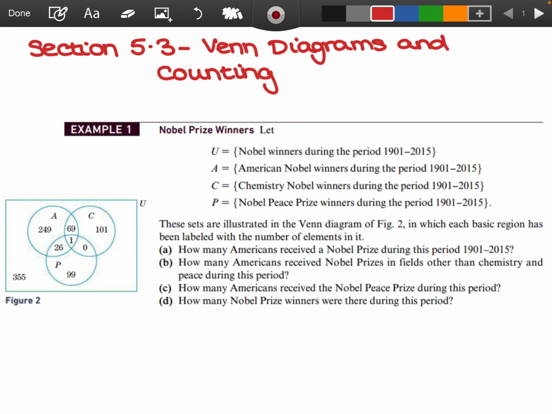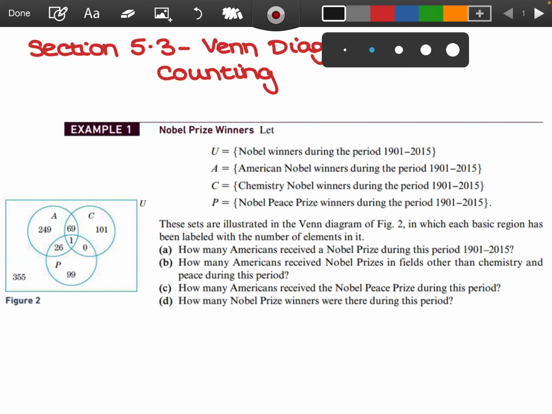And they've got this Venn diagram that shows you how many people fall into each set and how many people fall into the intersection of some of these sets. So for example, just as one particular set of people here, the people that won a chemistry Nobel Prize that were American would be the 69 people, but there is also that one extra person in the middle that not only was American and won the chemistry Nobel Prize, but also won the Nobel Peace Prize on top of that.